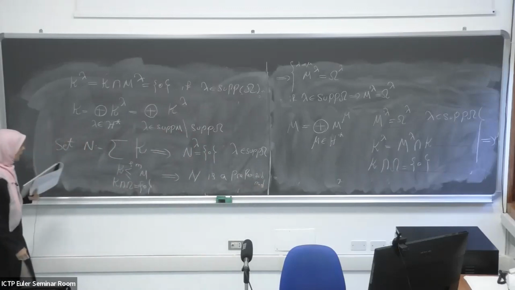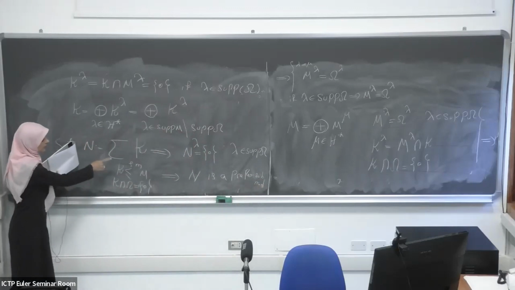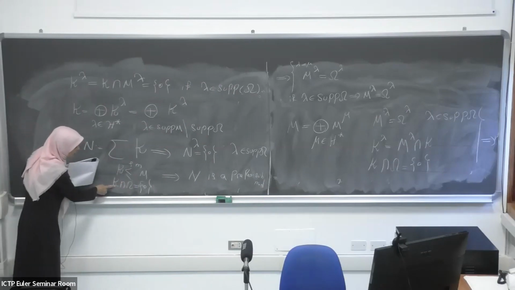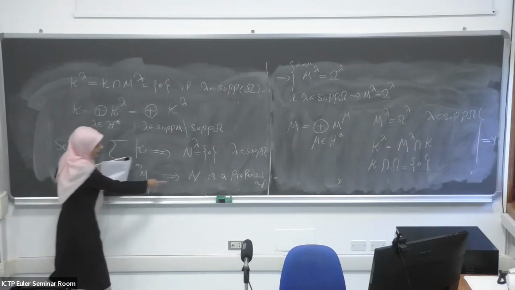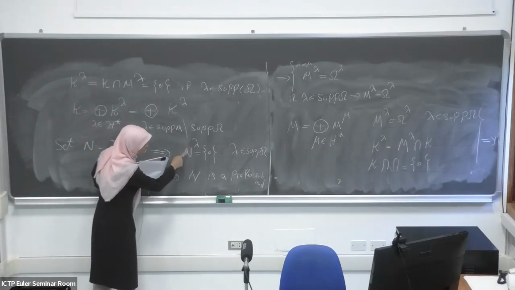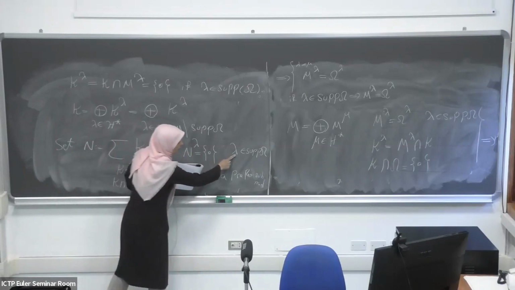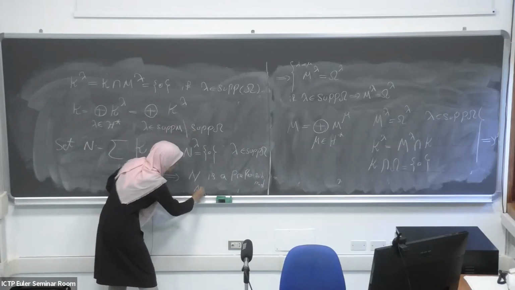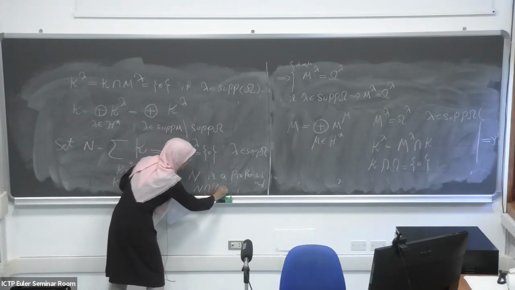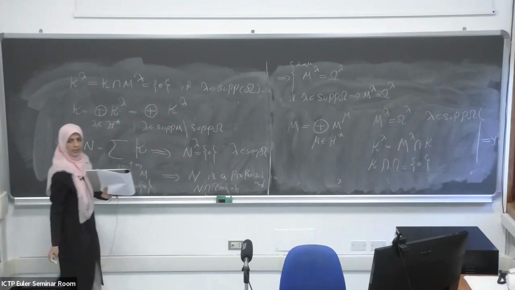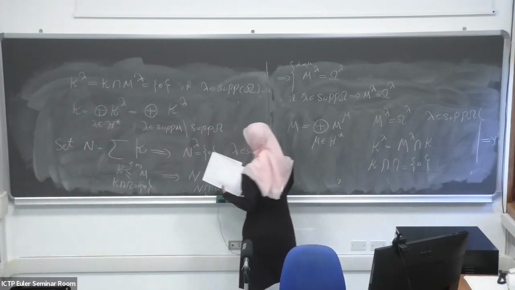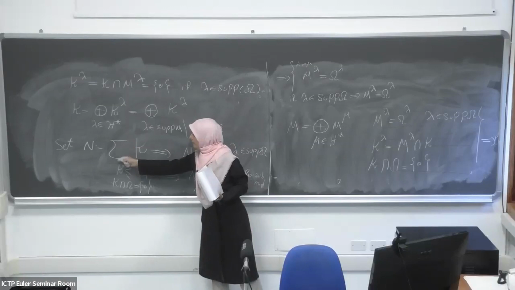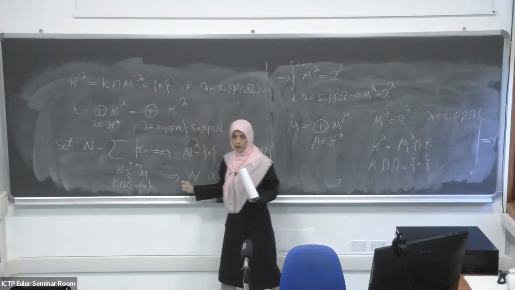So we have a module N which is the summation of all submodules which intersect omega trivially, and this N is proper, and I showed you that N lambda is 0 when lambda is an element of support omega, so N intersection omega is also 0. So N is a maximal submodule intersecting omega trivially, and for sure it is the unique one because I made the summation of all such modules, right?